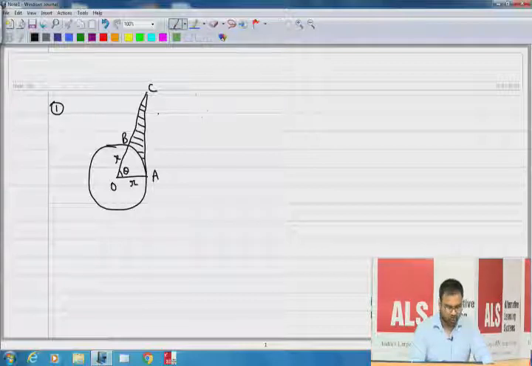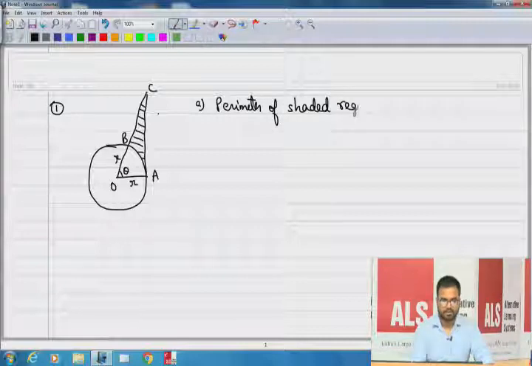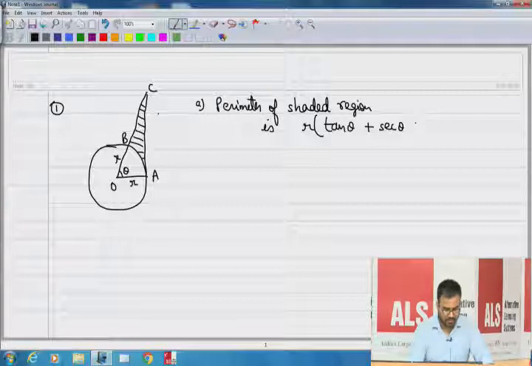So you have to show, first thing, show that the perimeter of the shaded region is r times tan theta plus sec theta plus pi theta over 180 minus 1.